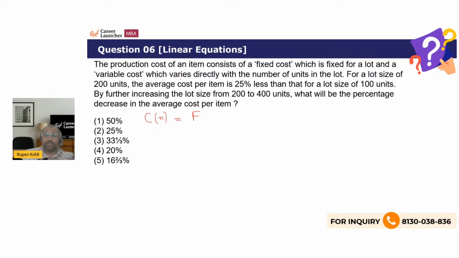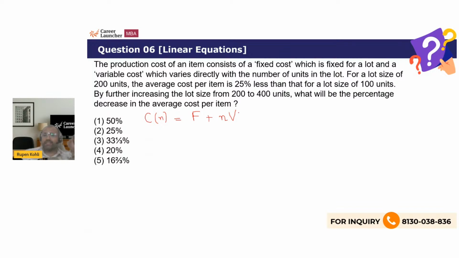So there is a direct variation over here. So the variable cost is basically directly proportional to n. So it is n into some constant. So these two add up. So f, the fixed cost, plus n into the variable cost, let's call that v per item, right? So basically, this is the meaning of the statement.